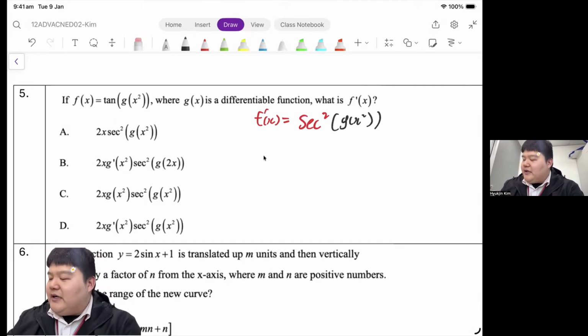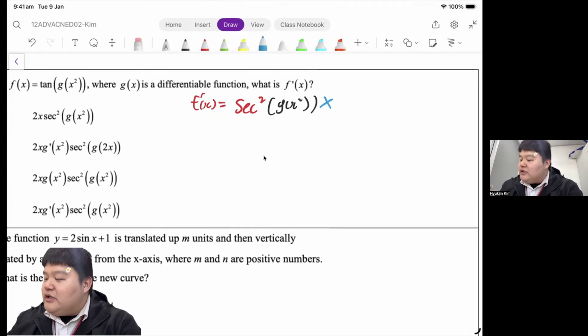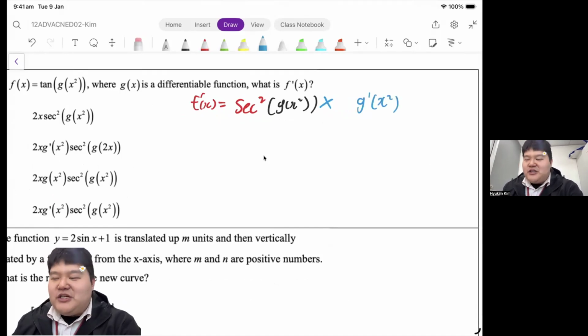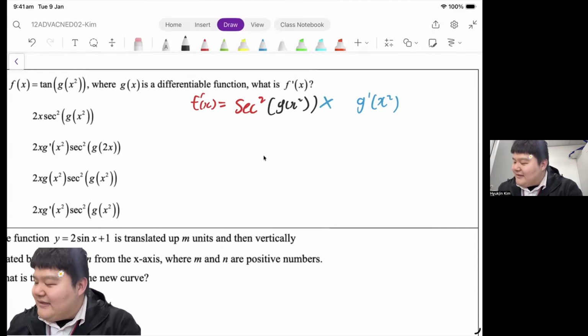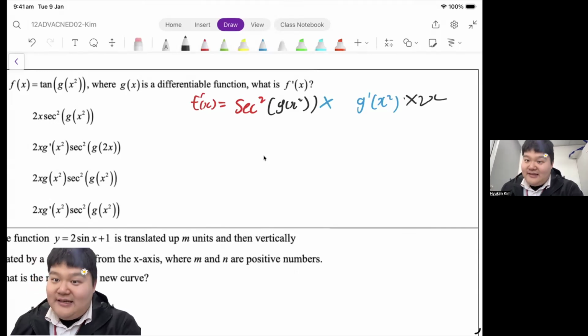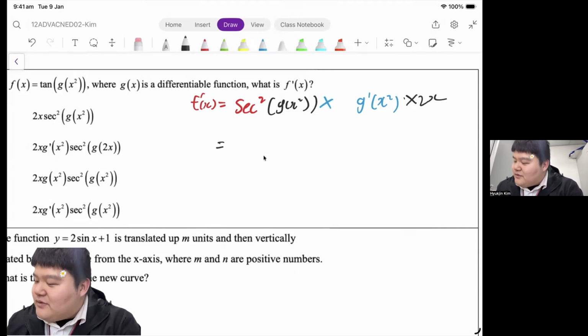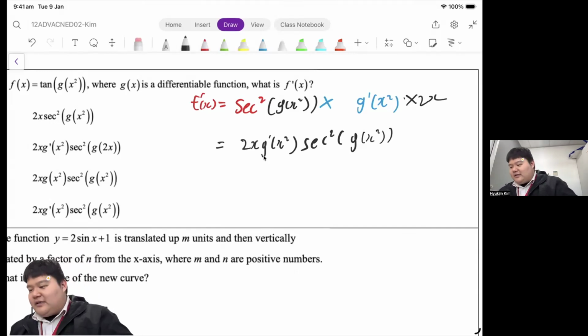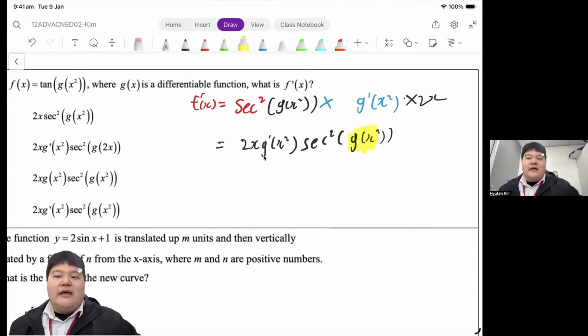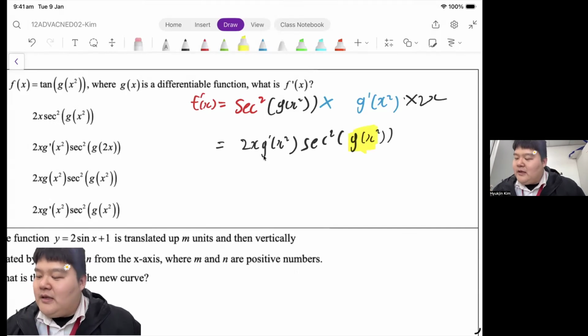And then you times by the derivative of the inside, which would be g dash of x squared. But wait a minute, that also has a function inside. So we now times by 2x at that. So now it becomes 2x g dash of x squared sec squared g of x squared. Okay, so basically this guy just gets protected. It's just in there in a shell the whole time. All good?